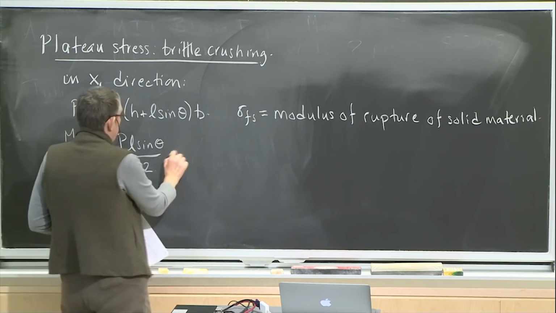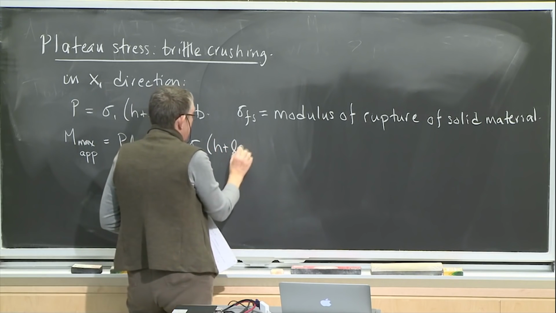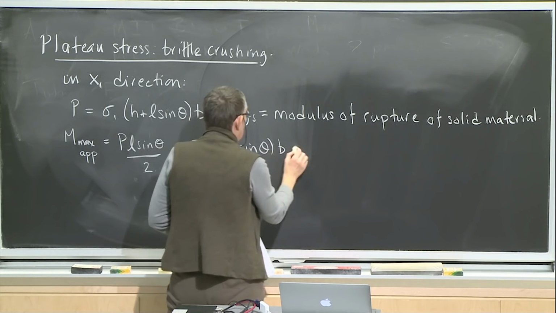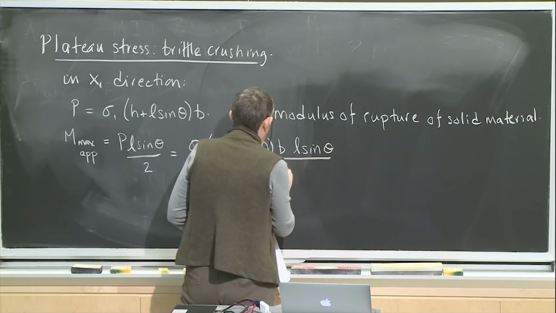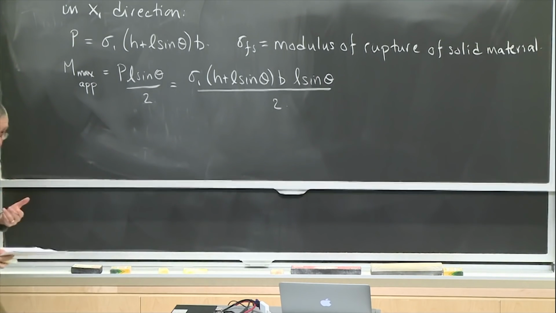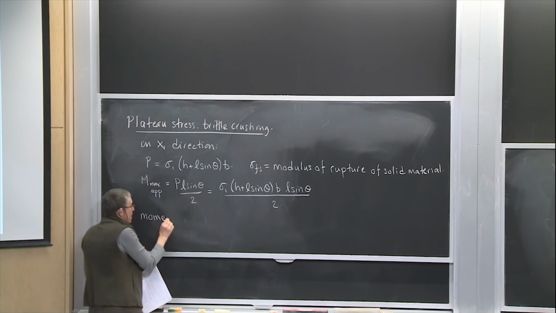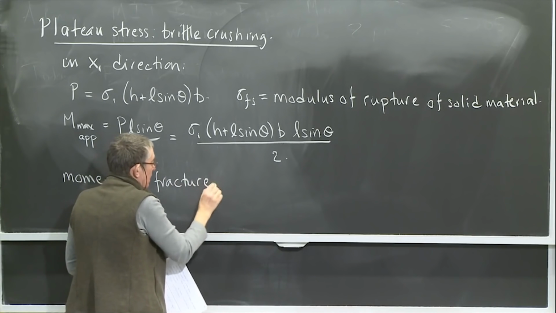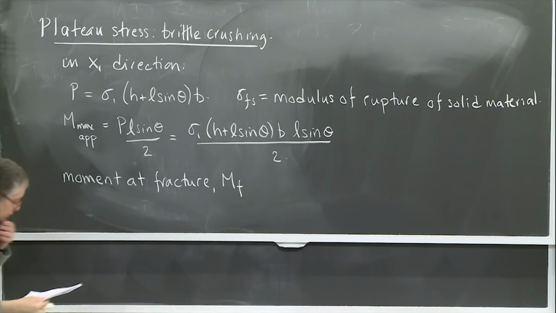And if I write P in terms of sigma 1, I can write that as sigma 1 times (h plus L sine theta) times B, and then I've got this other term of L sine theta, and we divide that whole thing by 2. So that's the applied moment. And we're going to get fracture when we reach the fracture moment. I'm going to call that MF, the moment at fracture.